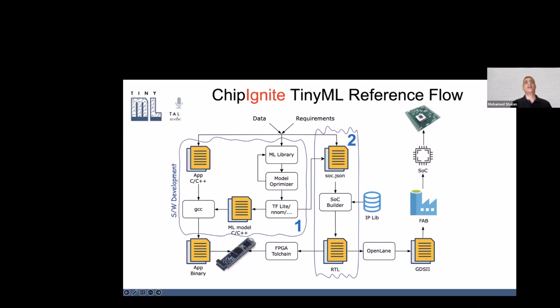It takes this high-level description and constructs this custom microcontroller, custom SoC for you, and generates the RTL, as you can see here. It uses the IP library, which contains IPs for different peripherals that your application might need, as well as accelerators that the target application might need.